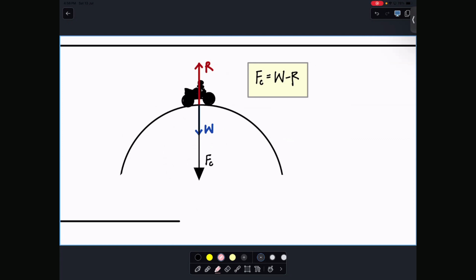When you're flying in the air, attached to nothing, there's only weight acting on you. And what's your reaction? If you're in the air, what's your reaction force? Air resistance, good. But let's say there's no air out there, or air resistance is negligible. What is your reaction force? Zero, right?